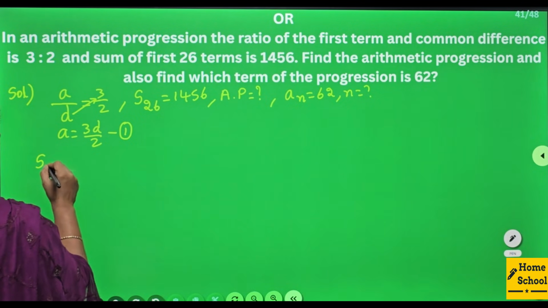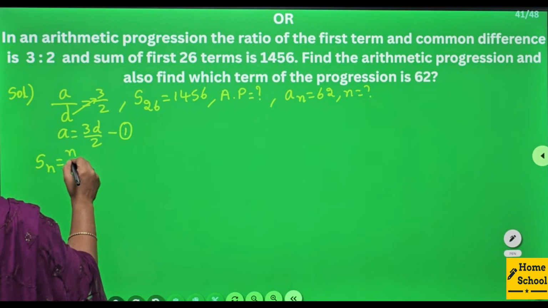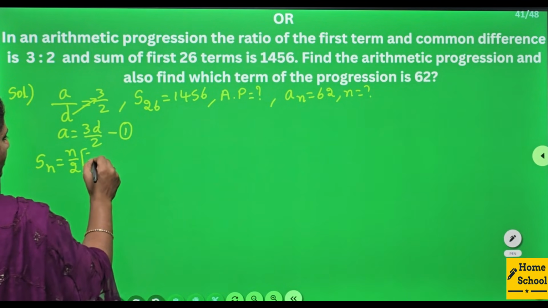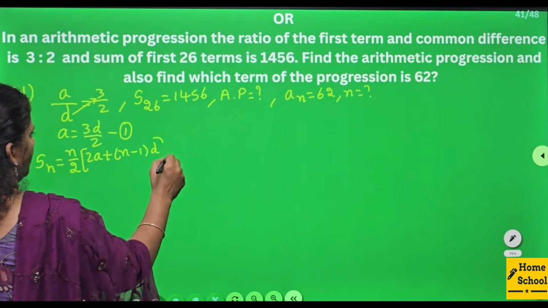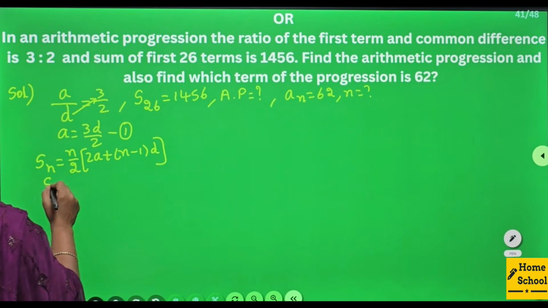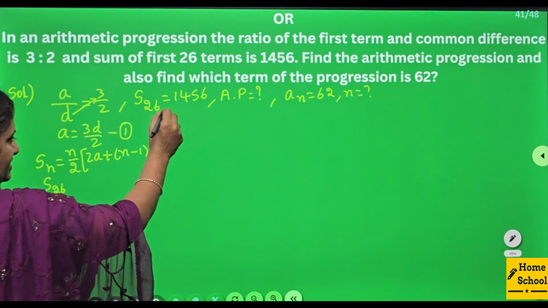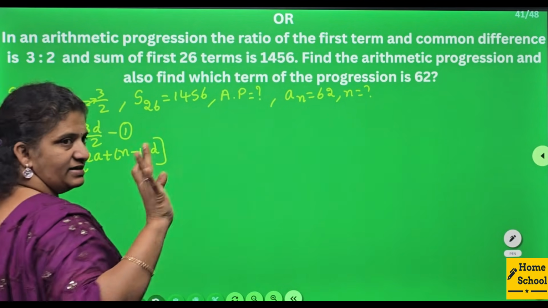We will take Sn formula. Sn is equal to n by 2 into 2a plus n minus 1 into d. Yes, n value here is 26, but this n and this n is different.